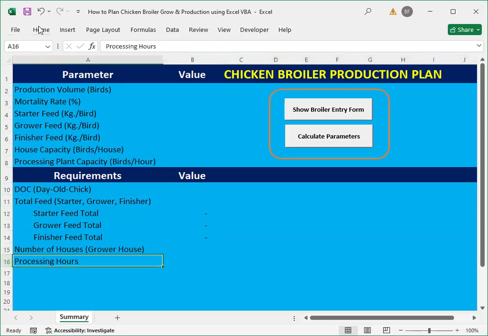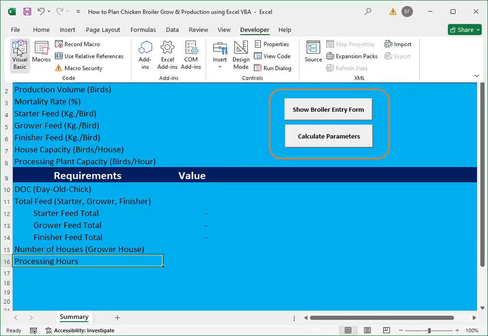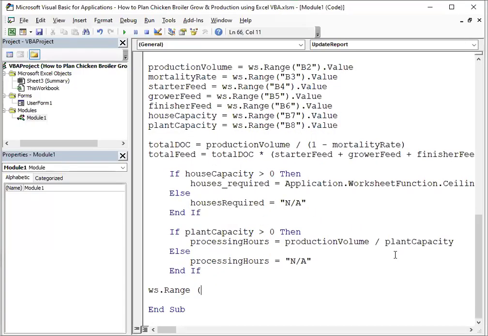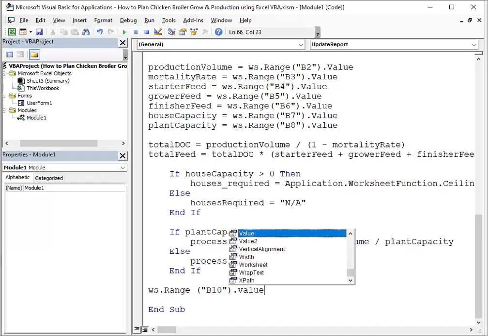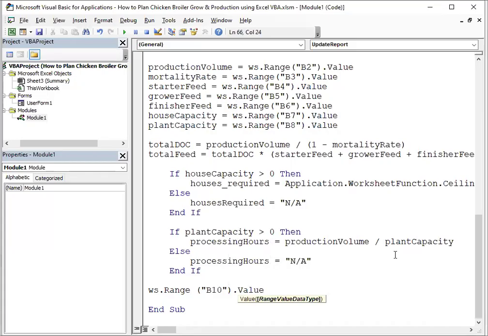So that would be our ranges. So ws.range B10. Always put a quotation mark for our ranges so that we'll have no problem. Then .value equals, rounding off the decimal, so it would be total, so that we don't have decimal points.